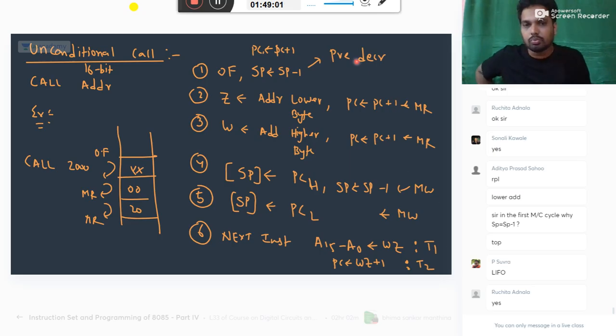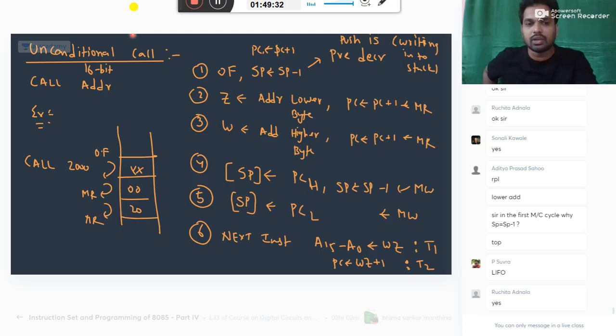So push operation, push means writing into the stack. If you want to write something into the stack, it is a pre-decrement operation. First you should decrement the stack pointer, then you should write it. Push operation is a pre-decremented operation.